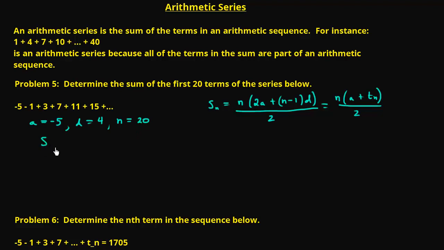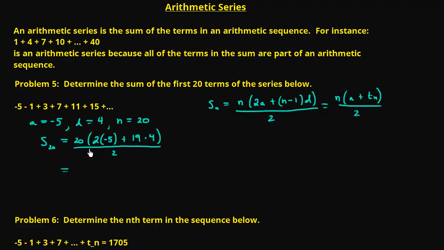We can say that the sum of the first 20 terms is equal to 20 times 2 times negative 5 plus n minus 1, so n minus 1 would be 19, times d, and d is 4, all divided by 2.